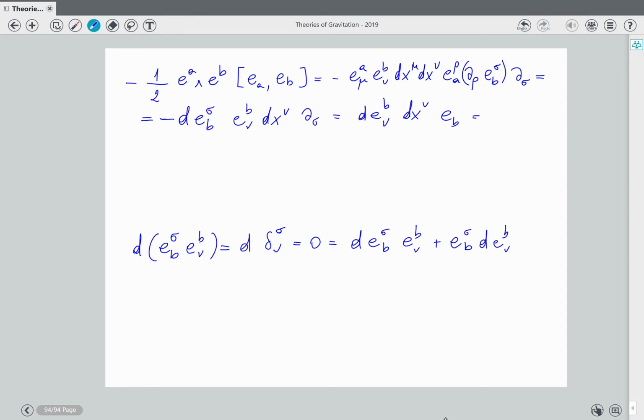So let us write it. This is the exterior derivative, so as a function, dx mu dx nu, and now you recognize that this is the exterior derivative of the form. So you just have this.